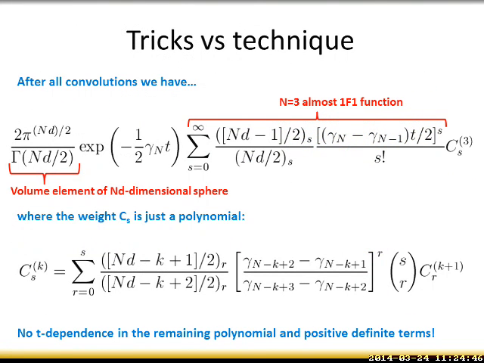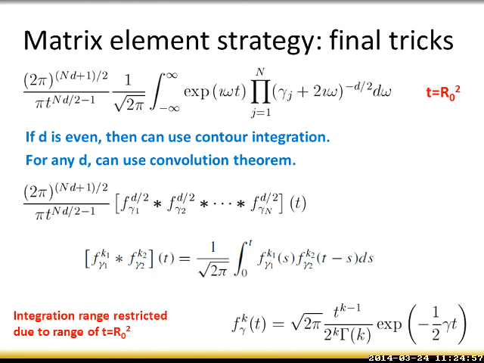So the only difference between just doing the overlap versus doing, say, the kinetic energy or other things is that instead of just having factors of d over 2, these become different, but that's about it. Besides, you get some additional coefficients, and the powers of these terms are different than just d over 2. They might be d over 2 plus 1, but that's it. It's a very easy generalization to other things.